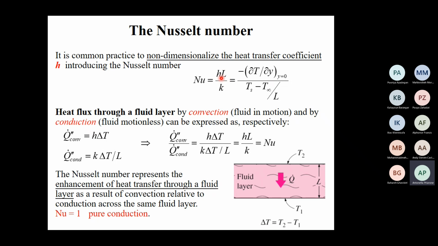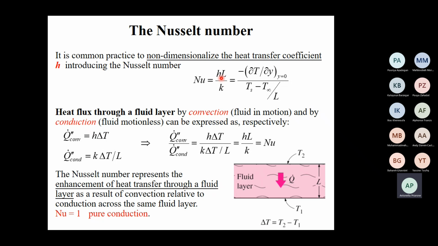This L, called, I repeat, characteristic length of a phenomenon, depends on the geometry that you are analyzing. In particular, if I am analyzing the motion of the fluid inside a pipe, I know that for this particular geometry and phenomenon, the characteristic length is the diameter of the pipe.